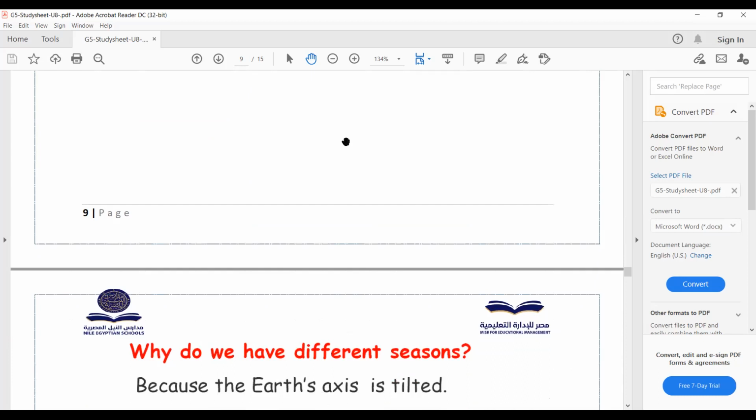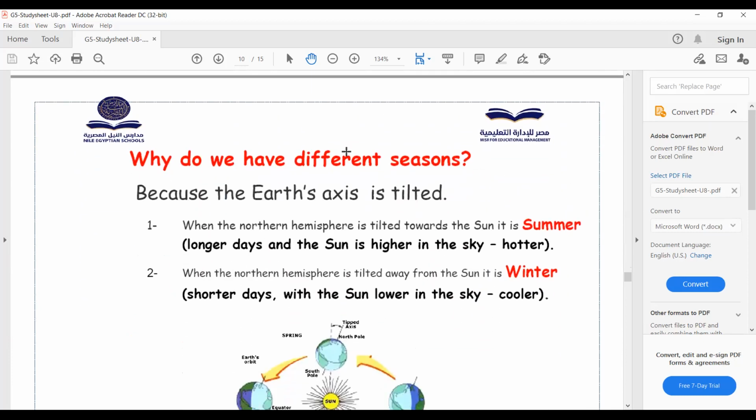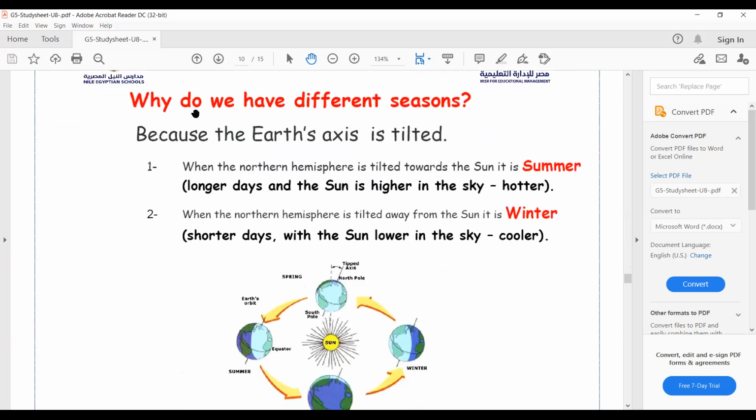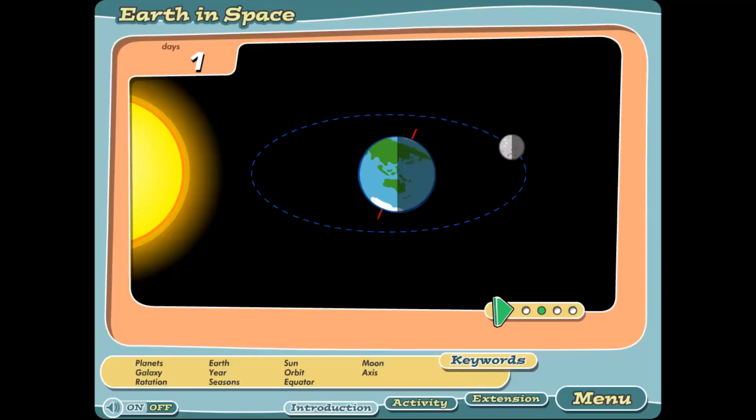This is because the Earth orbits the sun. Why do we have different seasons? First, the Earth orbits the sun, and its axis is tilted, or inclined. Let's go to the simulation to give more explanation for this part.